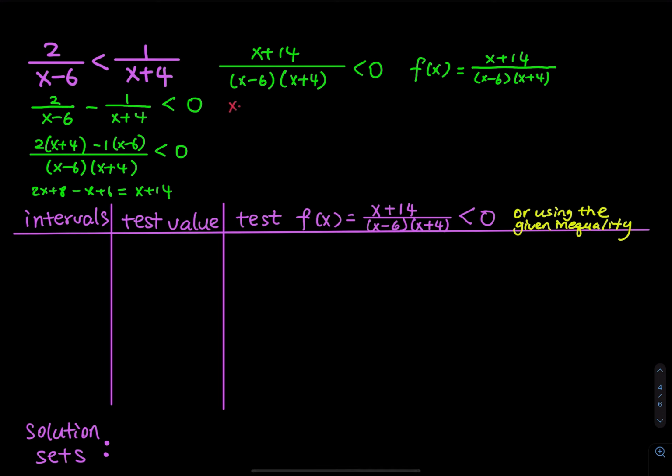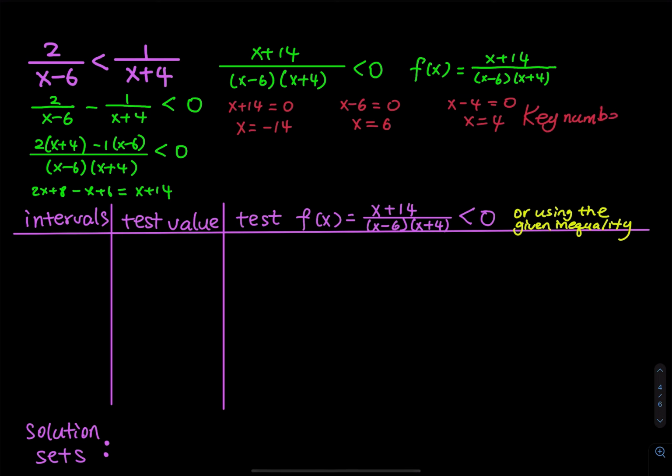So the top, x minus 2 equals 0, and then the bottom, x minus 6 equals 0, and x minus 4 equals 0. This is x equals 2, x equals 6, and x equals 4. So these are the key numbers. You have 3 key numbers.